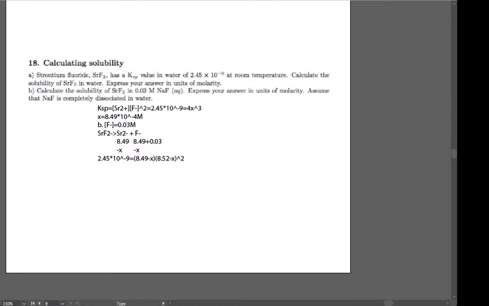So that means there's only one solution, and that's 0.00085. Finally, x would equal 8.45 times 10 to the power of negative 4 molars. I finally did it.